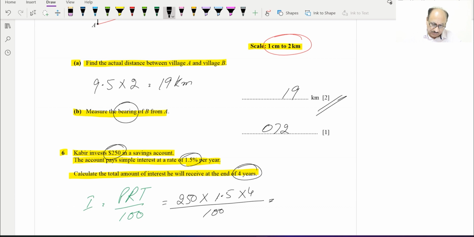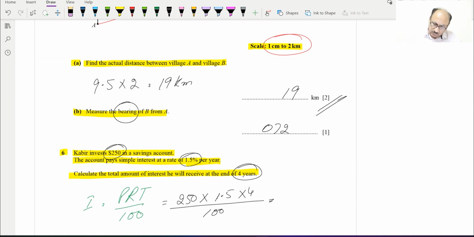Now how can we calculate this? Basically we can calculate 250 multiplied by 4, which will be 1000, and then 1.5 multiplied by 1000. Basically the 1000 we can cancel.